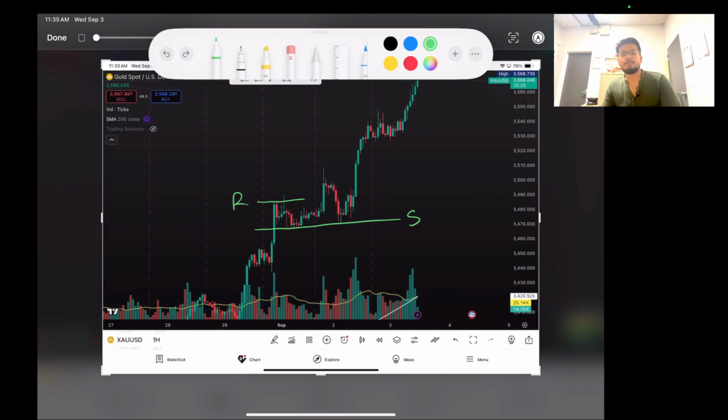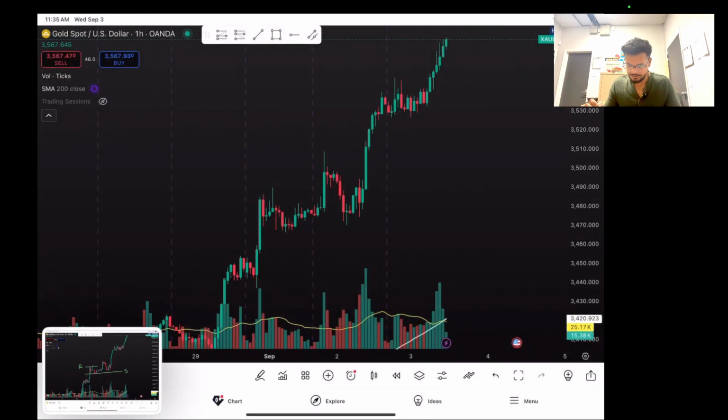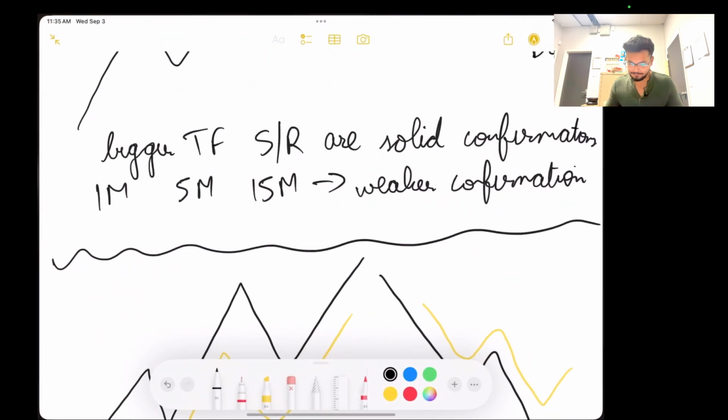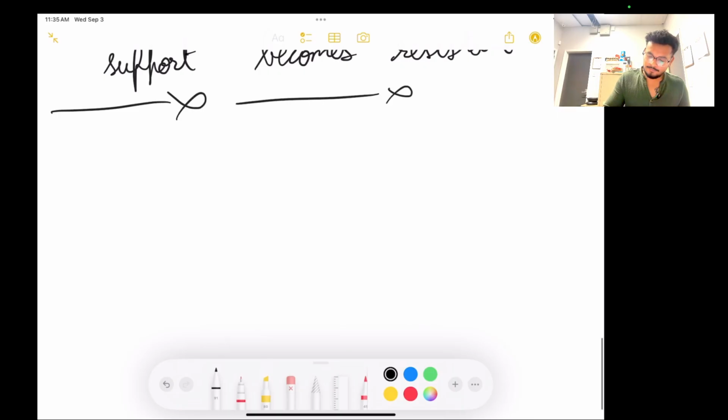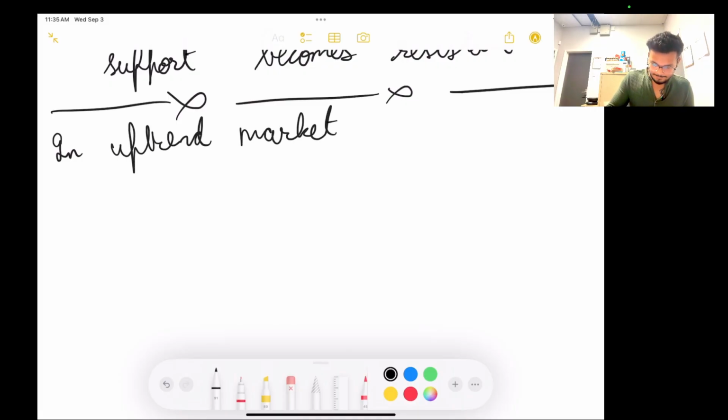And whenever, okay, very important line, let's write this down. In an uptrend market, we buy support.